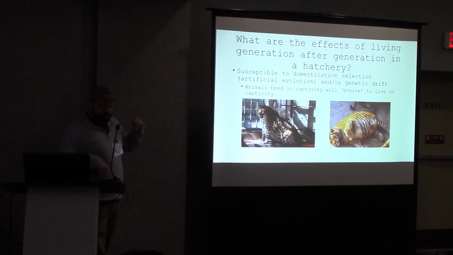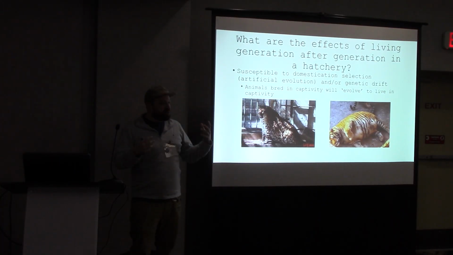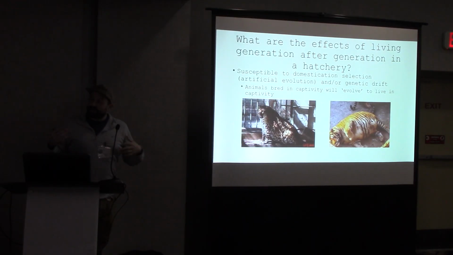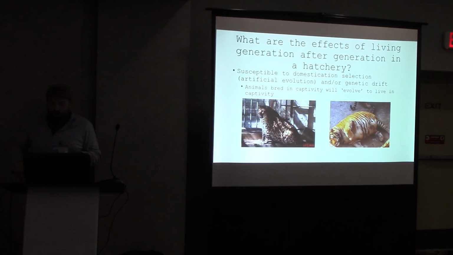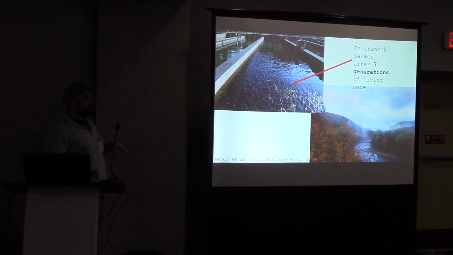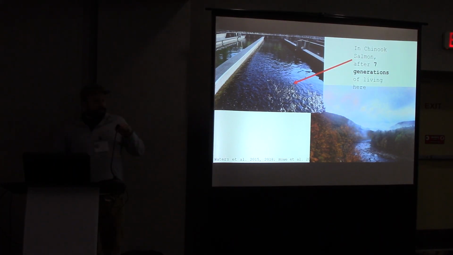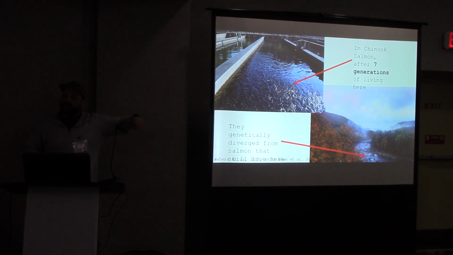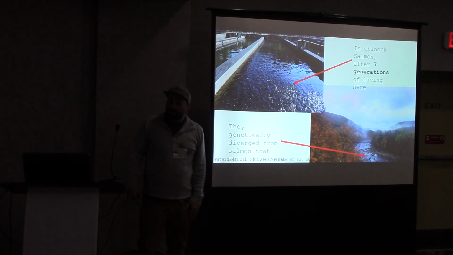So, these populations can evolve, artificial evolution, to a hatchery environment, or their genetics can change because of genetic drift. It's thought that animals bred in captivity will evolve to live in captivity, and we have some data on this. For example, in Chinook salmon, after 7 generations of living in a hatchery, they genetically diverge from salmon that still live locally in systems near those hatcheries.